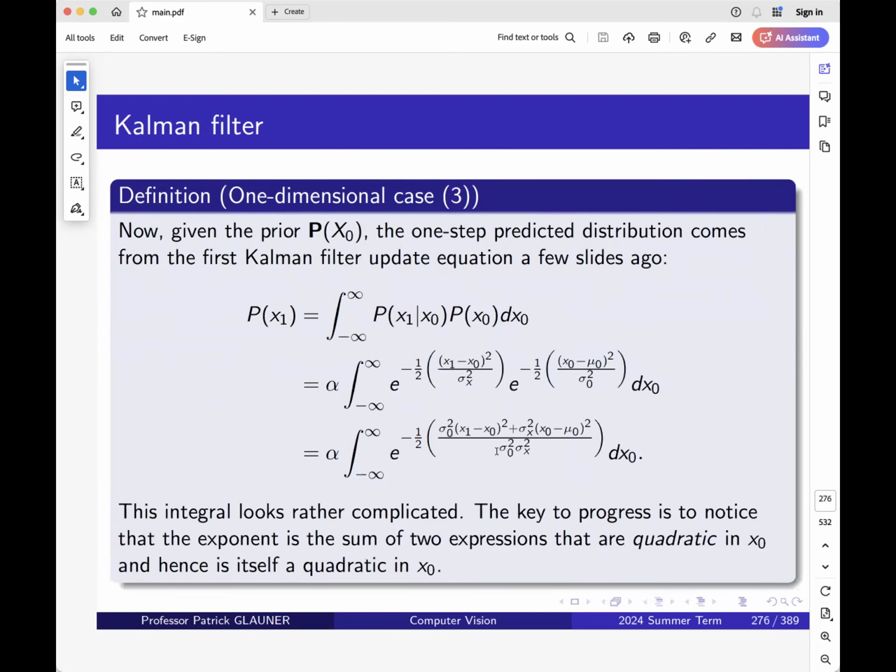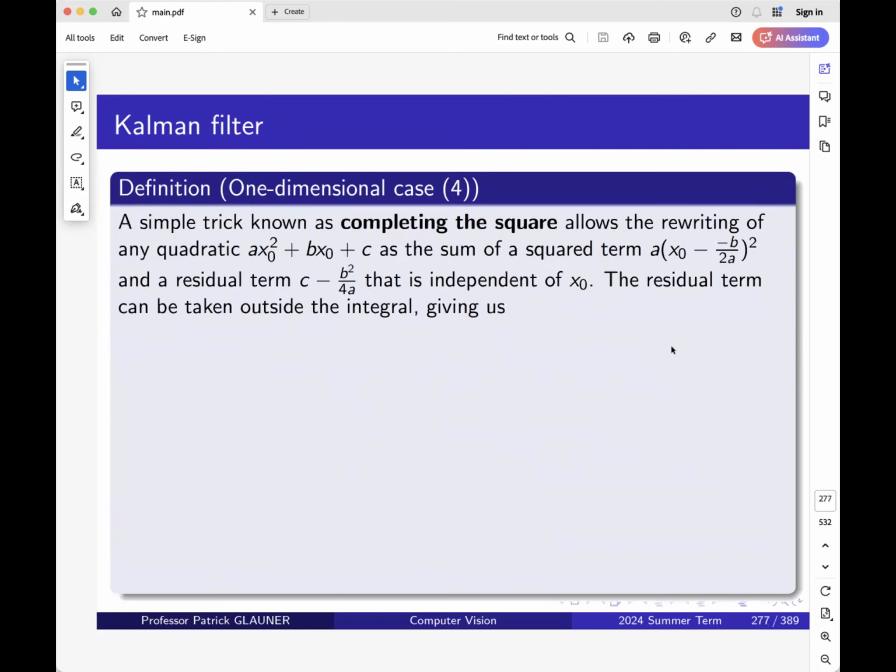Because if we have this integral from before, we can rewrite it by completing the square, where we have this term, plus the residual that is independent of x0, so we can actually just move this out. How to rewrite this exactly is a little bit tricky, but I almost got only thumbs up for completing the square, so you should be able to do this.